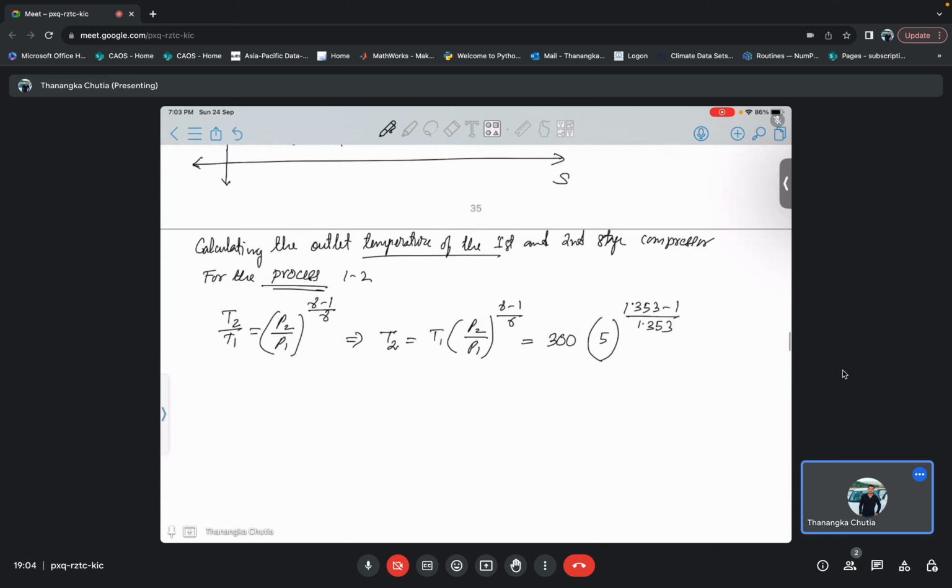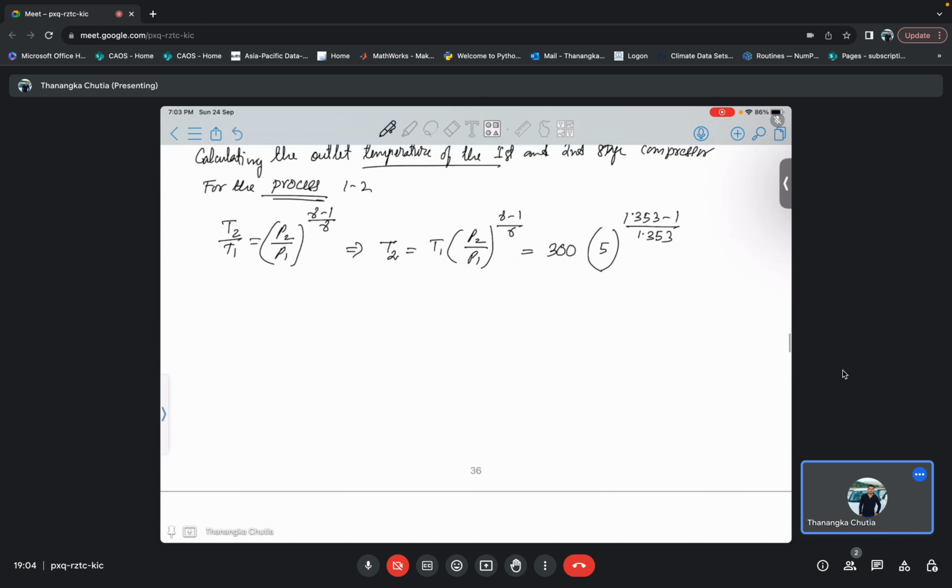That gives 456.54 Kelvin. But this is not the actual exit temperature because the efficiency is given to you.